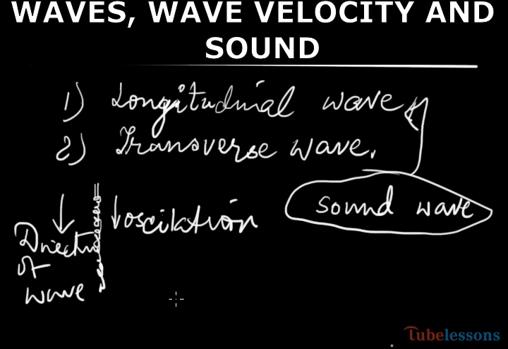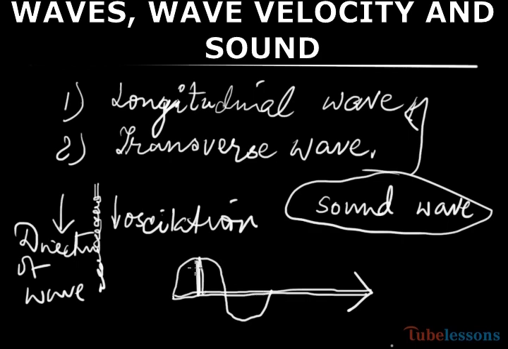And now the transverse wave. Say this is water, and if you throw a stone on water, the water oscillates and a wave is formed. This oscillation of the wave particles is perpendicular to the direction of the wave. This is the direction of the wave, and this is the direction of oscillation.